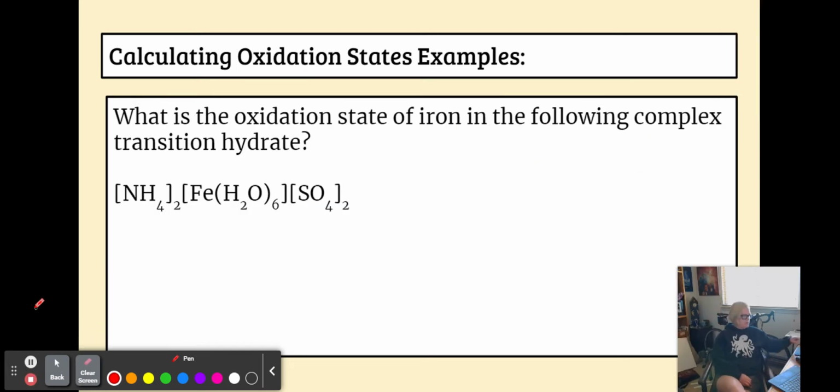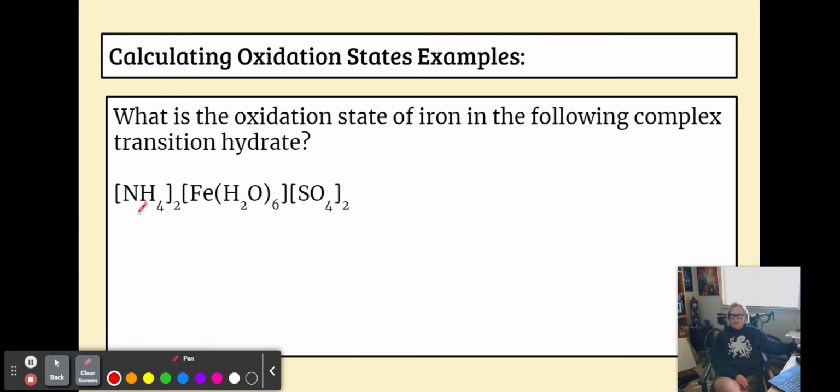So here is a big beastie question. I want to figure out the oxidation state of this iron that is contained in this complex transition hydrate, which we aren't going to get to. If you roll on with chemistry one day, you will figure out what these things are. So this looks like a really complicated problem, but I promise you it is not.